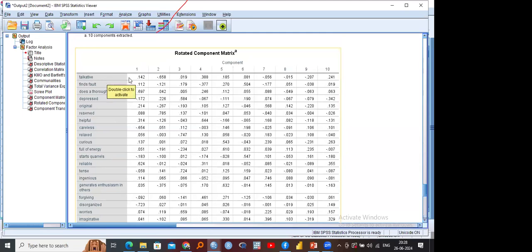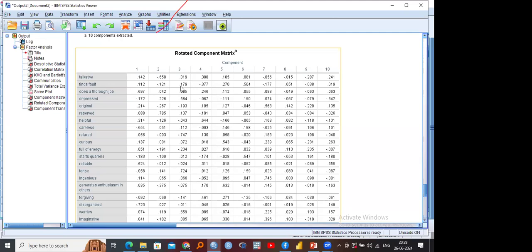Now please see this horizontally, okay? For whichever component the value is highest, talkative will go into that component. Just see the value and ignore the sign.